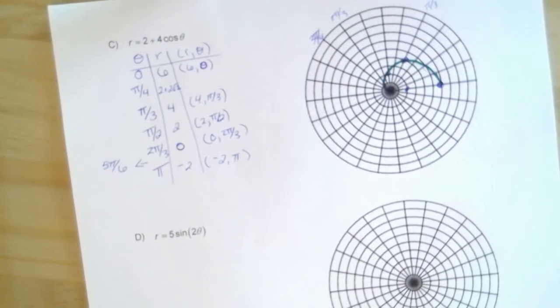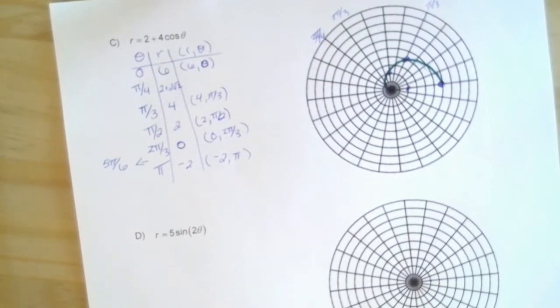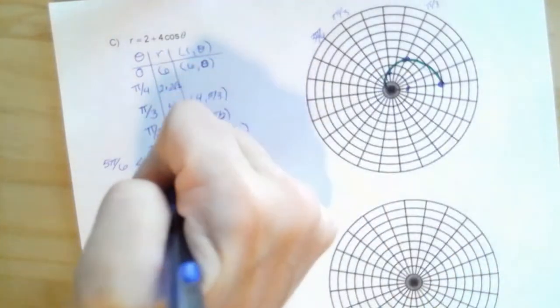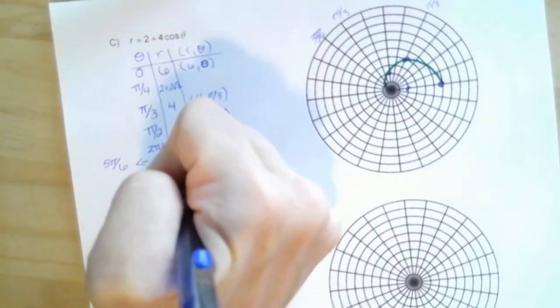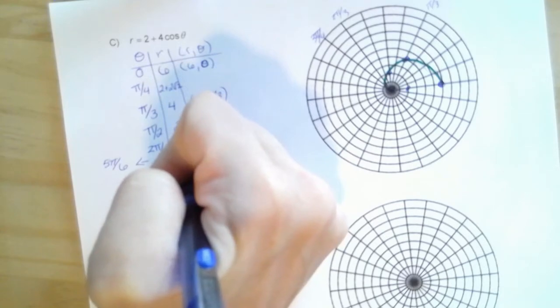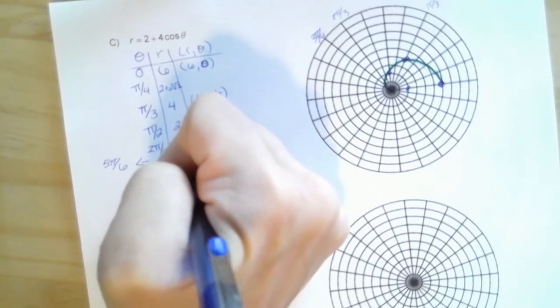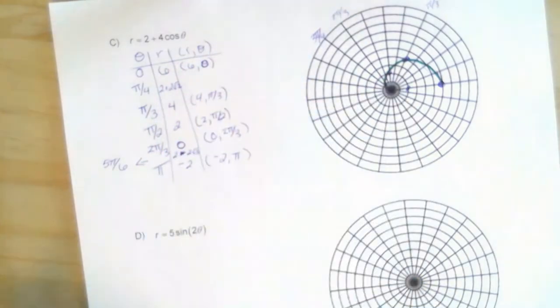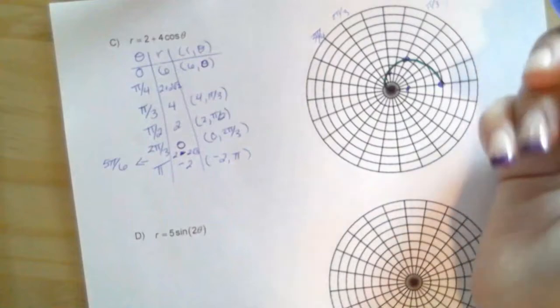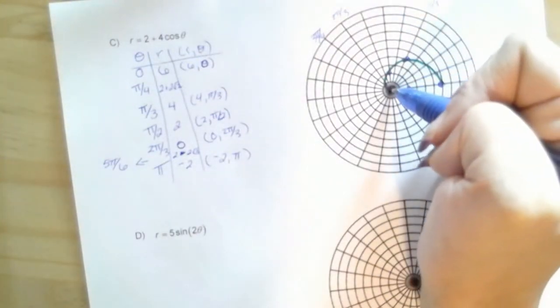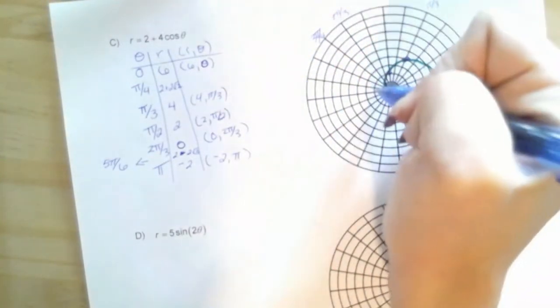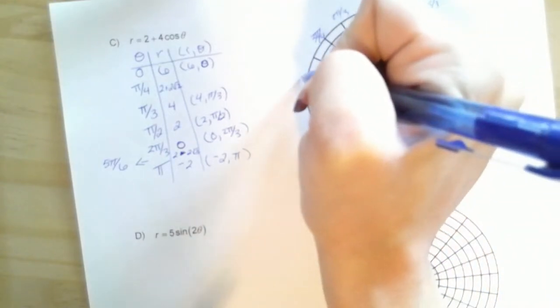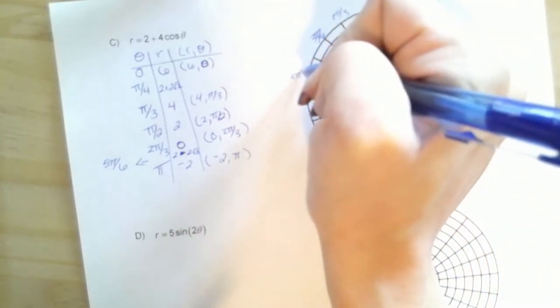And if I find this 5 pi over 6, I would get 2 minus, because it's negative, 2 minus 2 square root of 3. Now if I plug that in my calculator, just so I know, it's going to be -1.5.